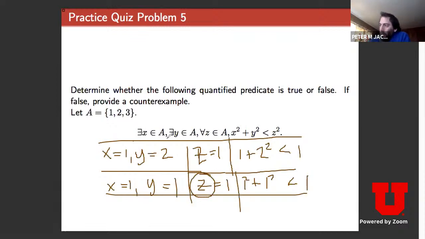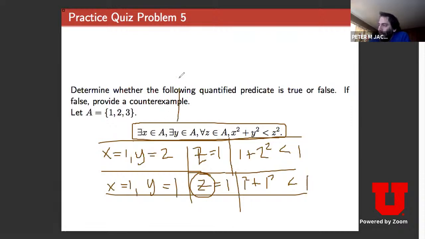If we want to verify that this is a counterexample, let's create the negation of the statement and then show that this value of z satisfies the conditions for the negation. Then it would be a counterexample.